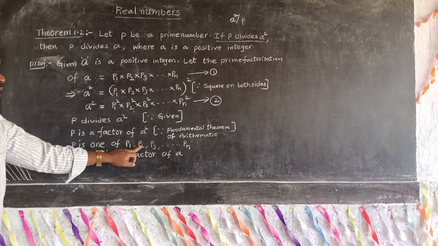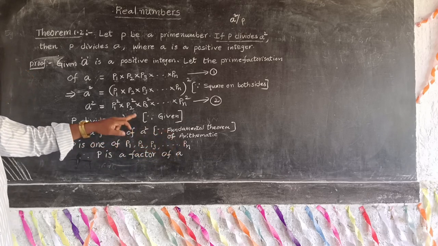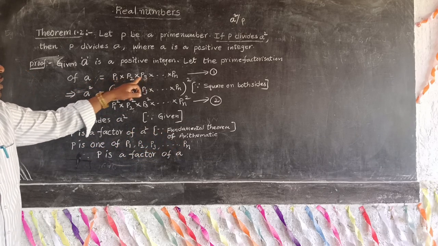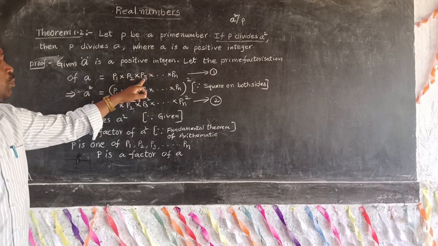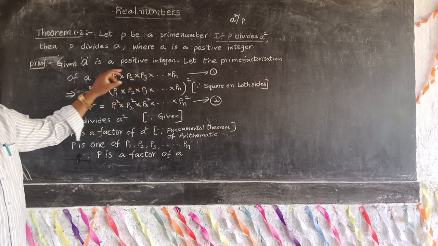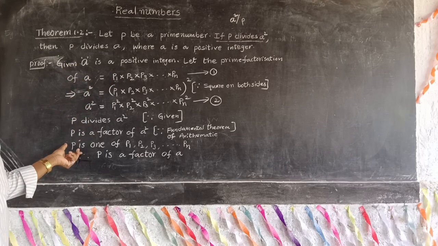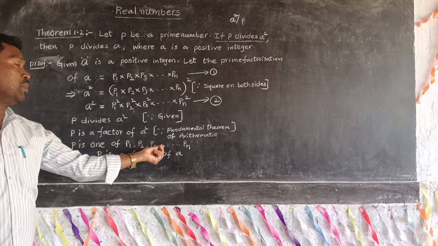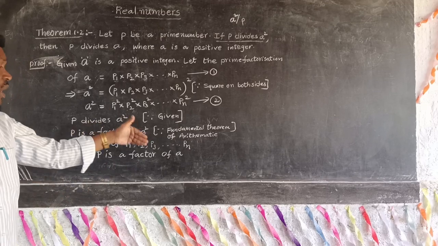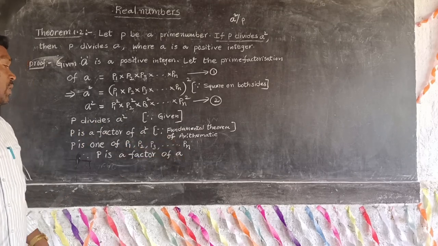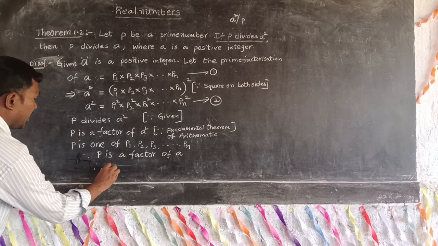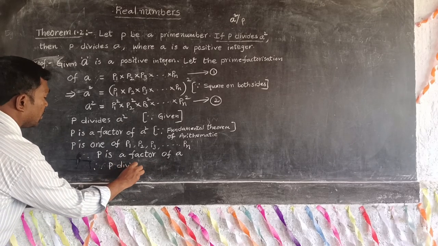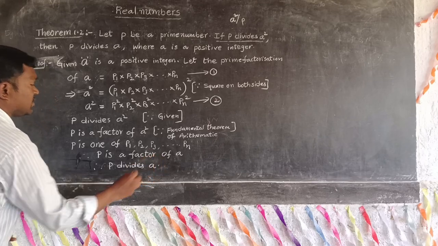P is one of P1, P2, P3 and so on Pn, and from equation 1, P1, P2, P3 and so on Pn are all the factors of A. So P is a factor of A. Therefore P divides A.